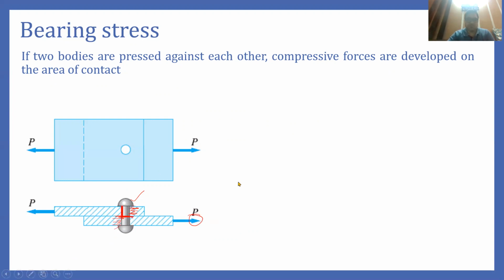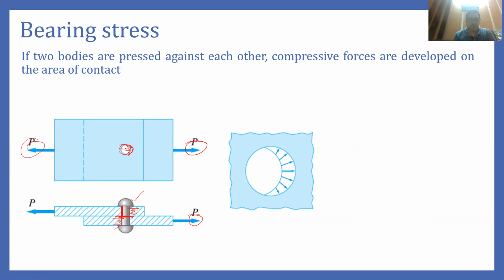So this surface on which this force is acting is actually pressing each other like this. As you can see, this bolt will be in this hole, and this bolt will actually press the hole like this because of this force. And similarly, because of this force, it will be pressing like this. So this hole will actually be under the effect of stress which is called the bearing stress. And the distribution of this bearing stress is not uniform. Again, you can see at the center it will be maximum, and at these edges it will be minimum.